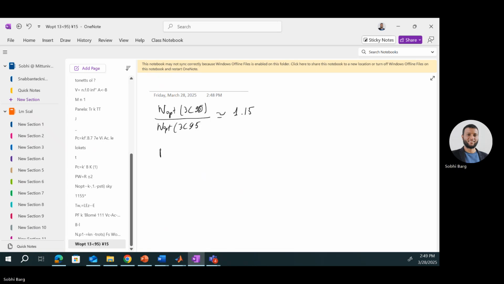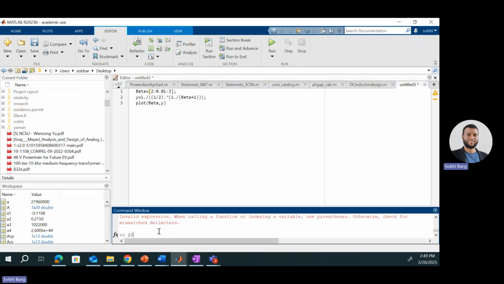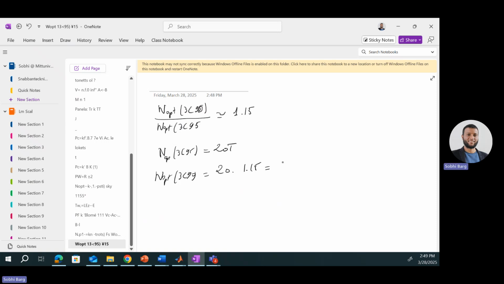If we consider the number of turns of 3C95 is the correct result, 20 turns, then n opt for 3C90 should be 20 times 1.15. Maybe we do the calculation here: 20 times 1.15. That's 23.